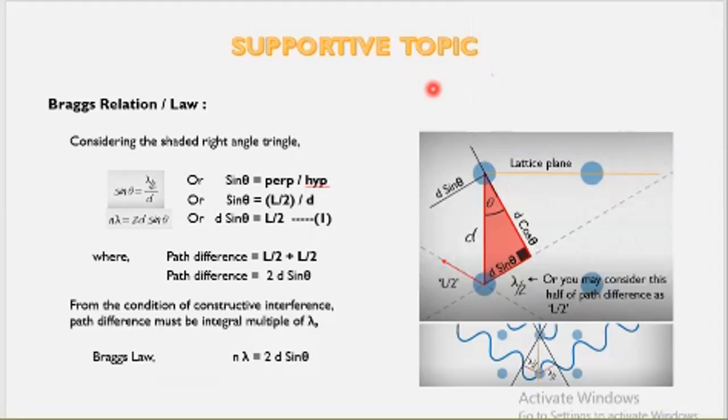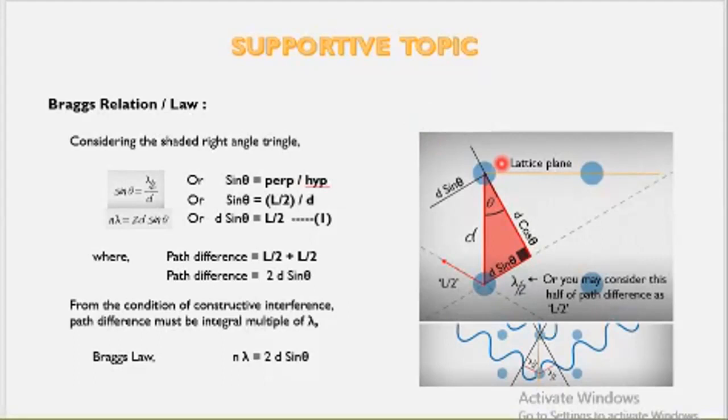Bragg's diffraction is basically the diffraction that we observe when radiation with a wavelength comparable to atomic spacing is scattered. So Bragg's law is actually the condition that describes constructive interference to get the strongest peak.